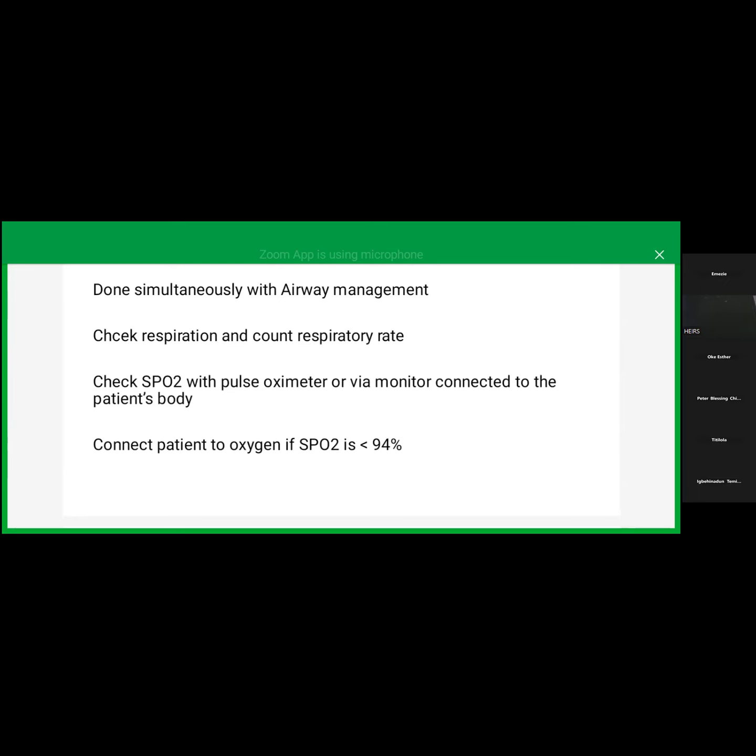The amount of oxygen you are going to give will depend on how low the SpO2 is. If the SpO2 is, let's say, 85 or 88, you know that you will need to give more oxygen in order to bring that SpO2 to equal to or more than 94, because the target is to make sure that this patient will get at least 94% oxygen saturation.